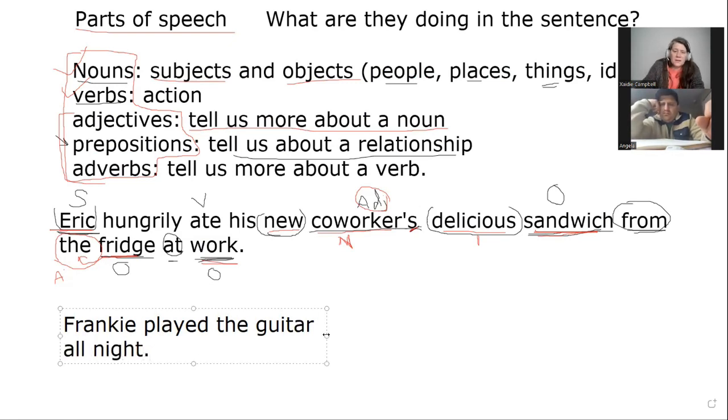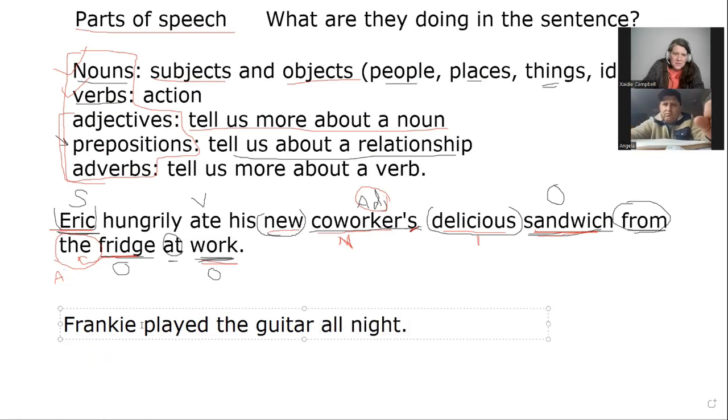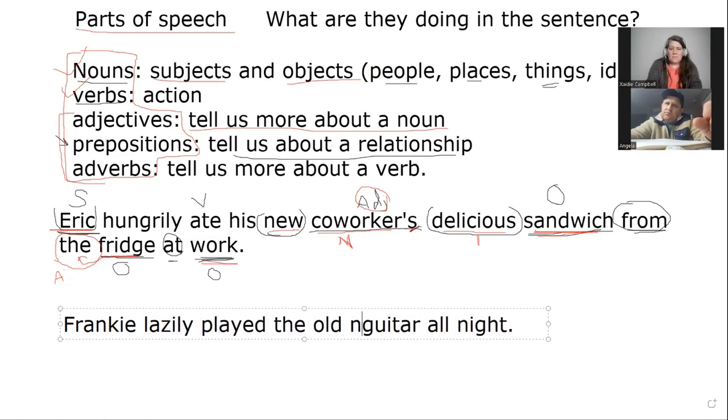All right. Now I need to add a few words.